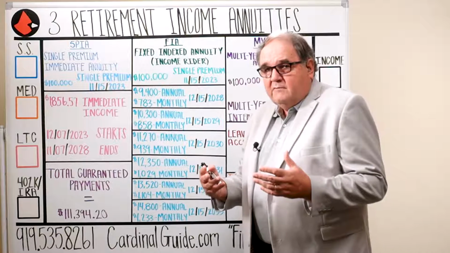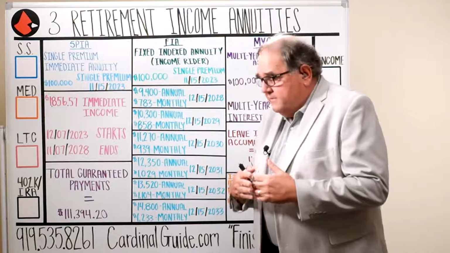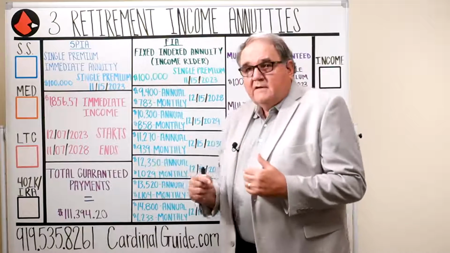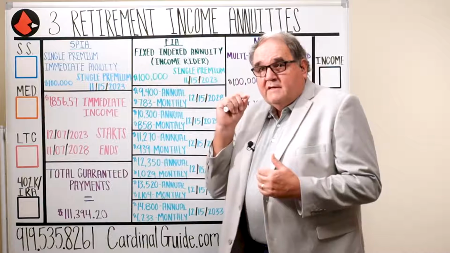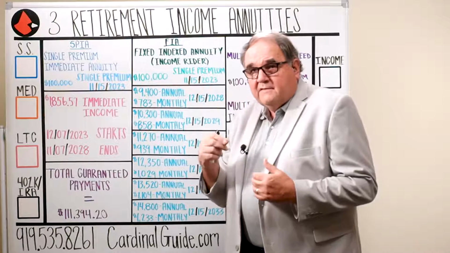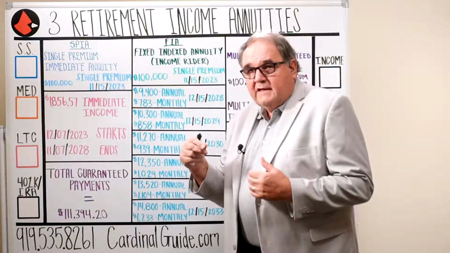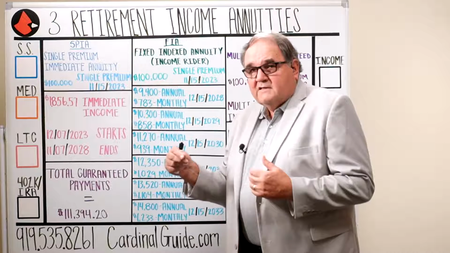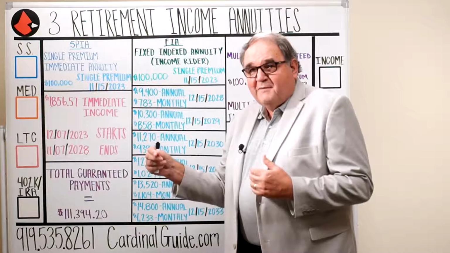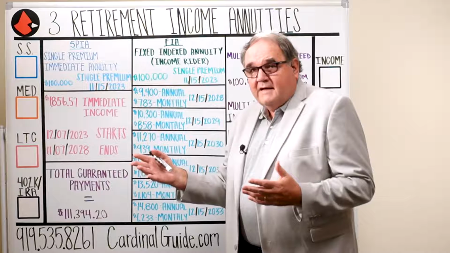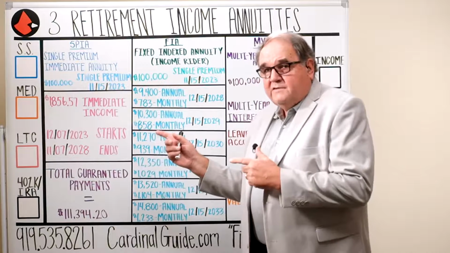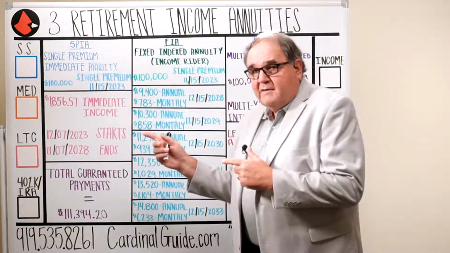Typically, when we write these payments for life on SPIAs, they include two lives, the husband and the wife, and the one that lives the longest continues getting the annuity payments for the rest of their life.